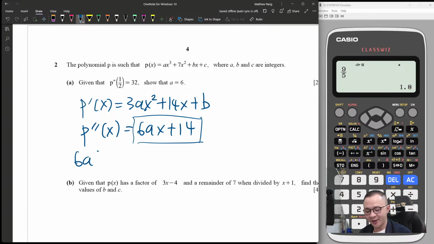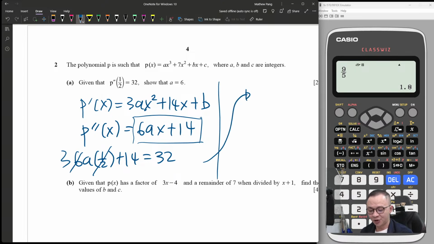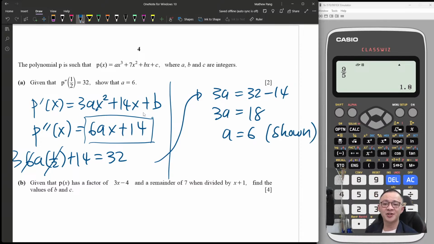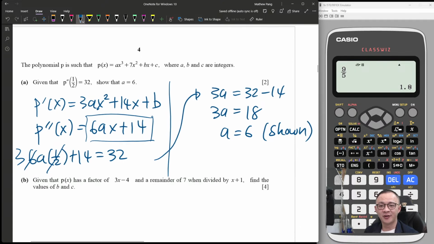So 6a times 1/2 plus 14 equals to 32. So 1/2 and 6 I simplify, I got 3, right? So therefore 3a plus 14, move to the other side, become minus 14. So 3a equals to 18, a equals to 6. Shown. Okay, if you know how to differentiate, this question could be very easy.